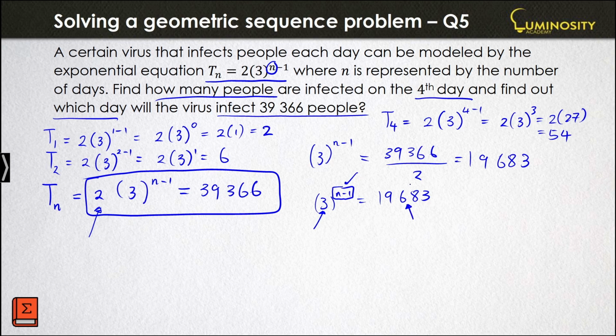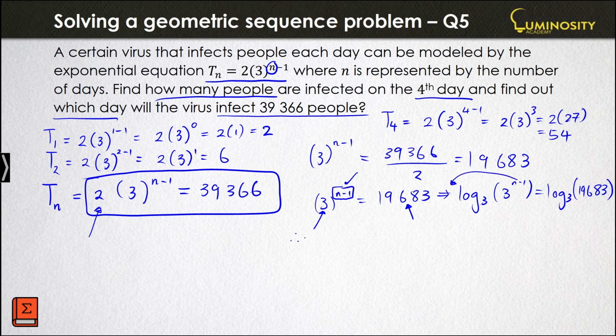So remember, we take the log of the base on both sides. So log base 3 of 3 to the power n minus 1 is equal to log base 3 of this big number here, 19,683. Taking log base 3 of this 3 allows you to move the exponent down.